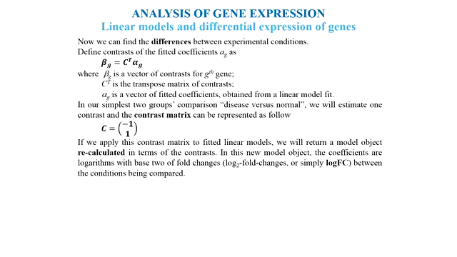If we apply this contrast matrix to the fitted linear models, we will return a model object recalculated in terms of the contrasts. In this new model object, the coefficients are logarithms with base 2 of fold changes, or log2 fold change, or simply logFC, between the experimental conditions.